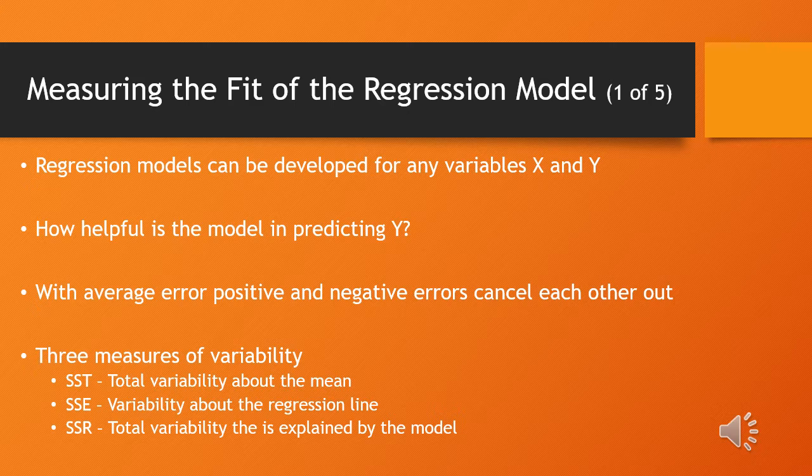A regression equation can be developed for any variables x and y, even random numbers. We certainly would not have any confidence in the ability of a random number to predict the value of another random number, right? So how do we know that the model is actually helpful in predicting y based on x?